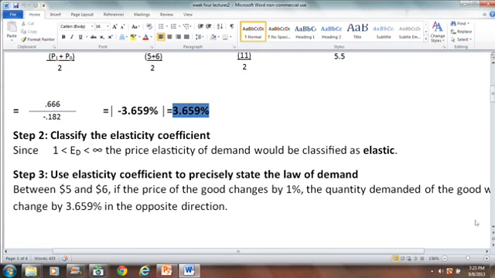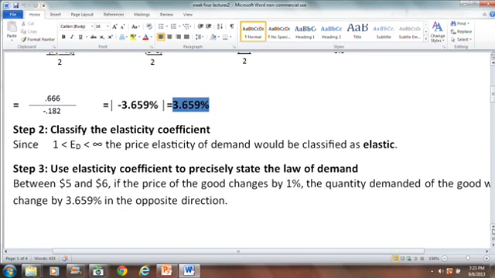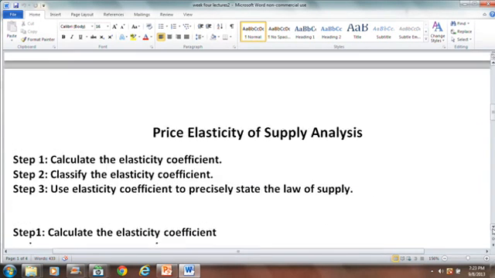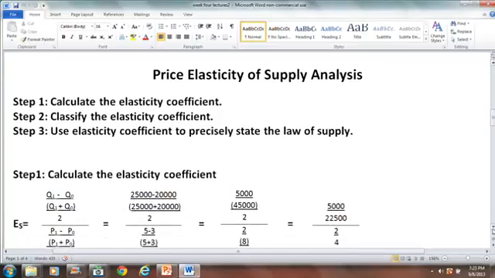Now for price elasticity of supply, I approach it the same way, using a three-step approach. In the first step I calculate the elasticity coefficient, then I classify the coefficient, and then I reinterpret the results with respect, in this case, to the law of supply.